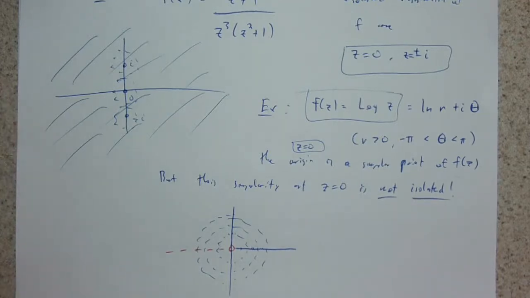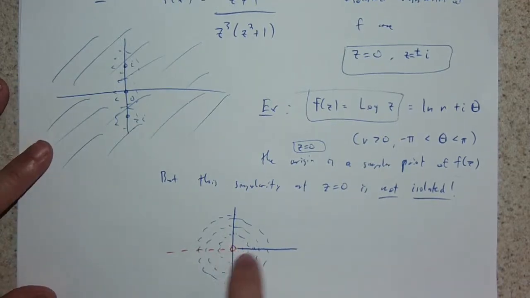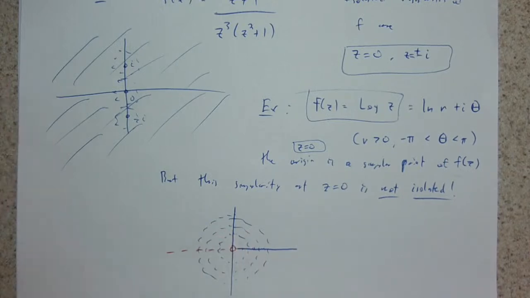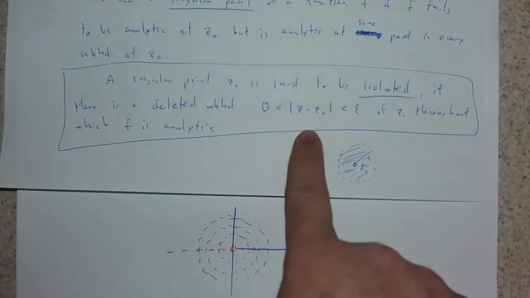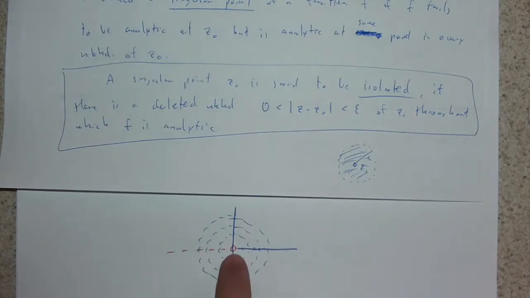And the reason it's not isolated is, again, every neighborhood that I draw about the origin actually contains points on this branch cut, right? And because it does, no deleted neighborhood of z0 that I draw here is going to satisfy f being analytic on that neighborhood, right?